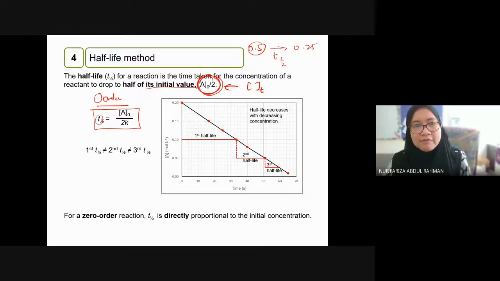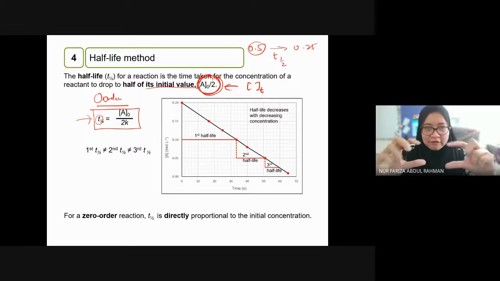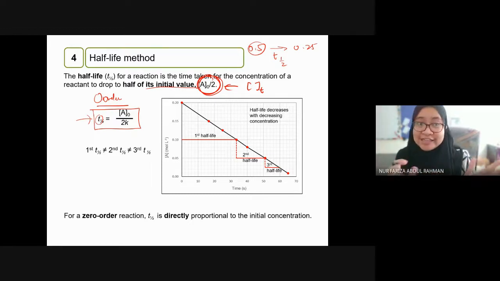So you will end up, you susun, you transfer, you akan dapat this one. This one also saya dah proofkan macam mana at the end dia dapat T half is equal to this. If you are interested again, you boleh find out. Formula tu dia takkan datang tiba-tiba. Dia mesti ada induk punya formula. From there, dia derive. Siapa yang tak interested, then just go ahead, memorize the formula.